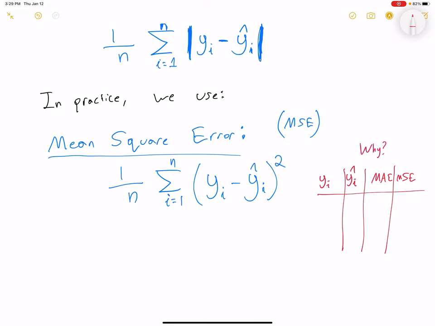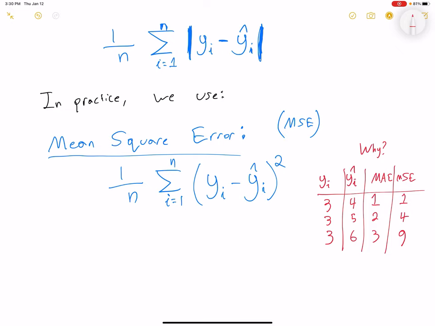Let's say the true value is 3, and the predicted value in one model is 4, for another model is 5, and for a third model is 6. The MAE would be 1, 2, and 3 as you get further away from the true value, but the MSE is squared, so the further away you get, the more it's penalizing the model.